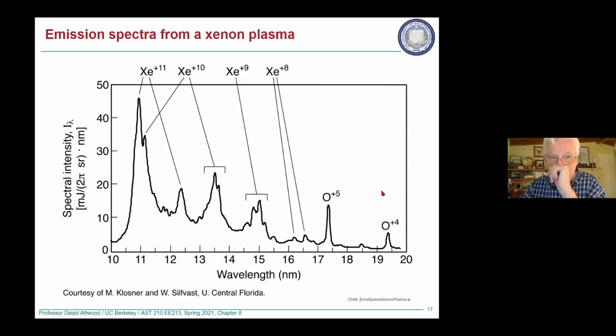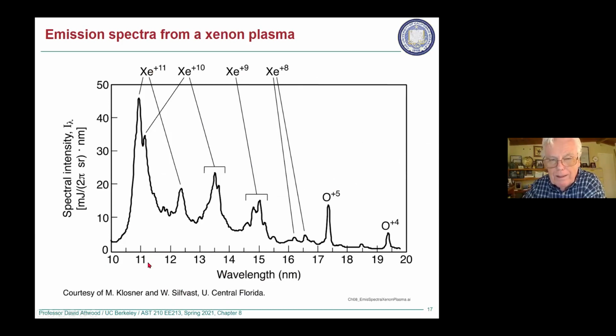So I think there's some data here, yeah. So this is from a group at the University of Central Florida, Bill Silfast, who has a great laser book, if any of you have ever seen it, and graduate student at the time, Mark Klausner. And they've measured what kind of emission is coming off a xenon plasma. So they were involved in the EUV lithography program, which was looking for photons around 11 or 13 nanometers at the time.